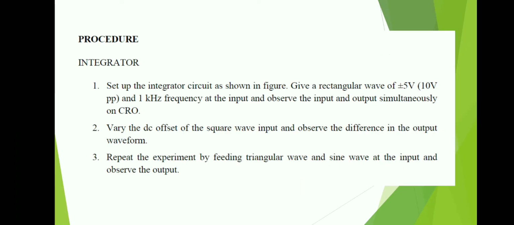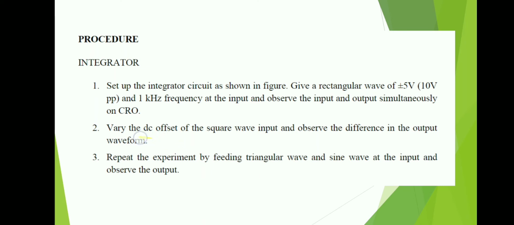The procedure for the integrator: first, set up the integrator circuit as shown in the figure. Give a rectangular wave of 5 volt or 10 volt peak to peak and 1 kHz frequency at the input, and observe the input and output on the CRO.